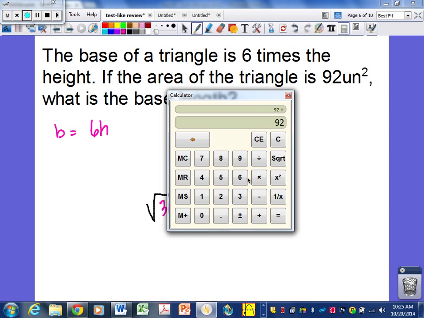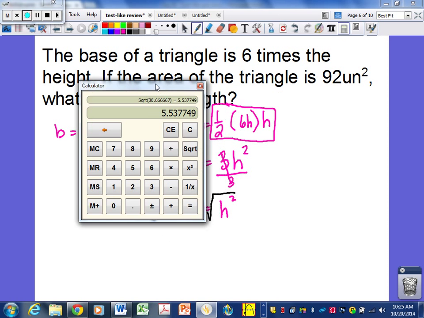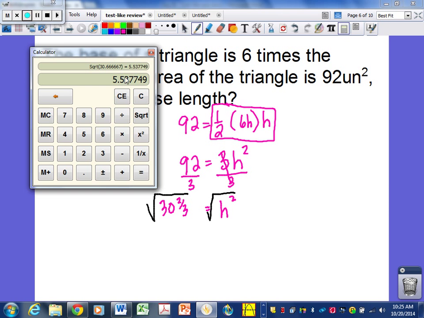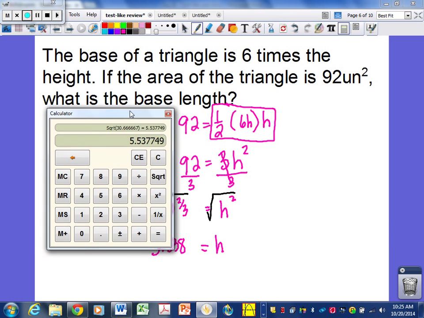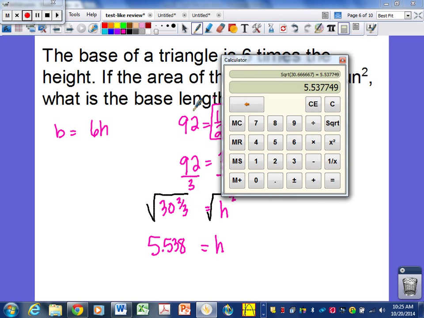92 divided by 3 is 30.666667. Let's take the square root of that, and that gives us 5.538. Okay, fantastic, but it asked for the base, so we have to multiply this by 6.